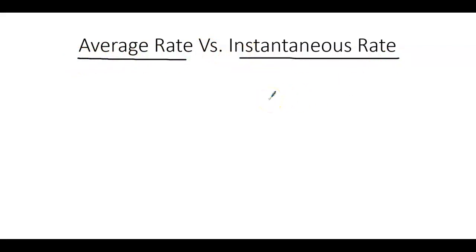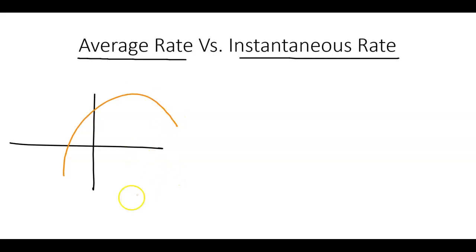Okay, now average rate of change is when you're talking about a function and you are going from point A to point B. We'll call this point over here A, f of A. And then we'll call the other point over here B, f of B. All right.